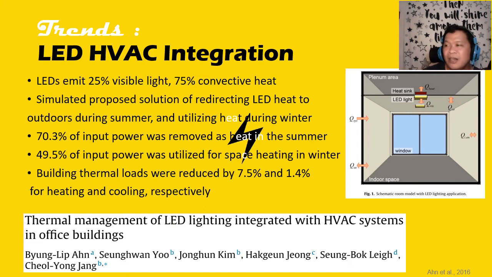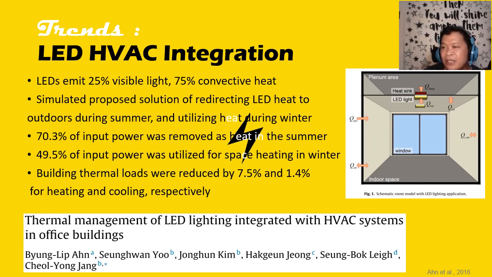So one proposition is to redirect the heat produced by LEDs to the outdoors during the summer, okay, parang ventilation, and use it for heating during winter. Okay, so ano bang nahanap nila sa study na ito? 70.3% of input power was removed as heat in the summer. So therefore, it will help prolong the life of your LEDs and even somewhat help cool the building.